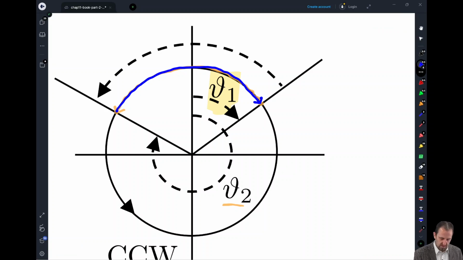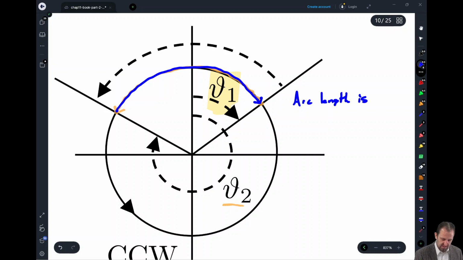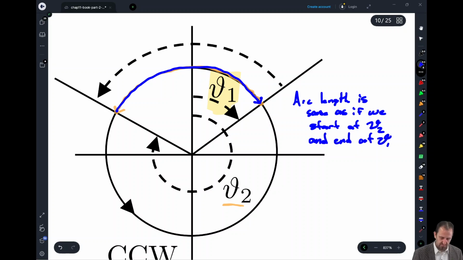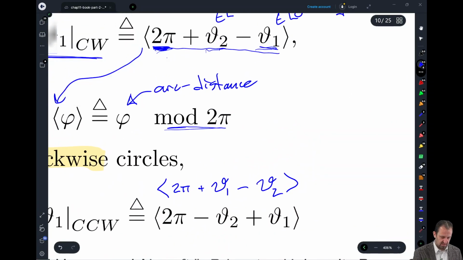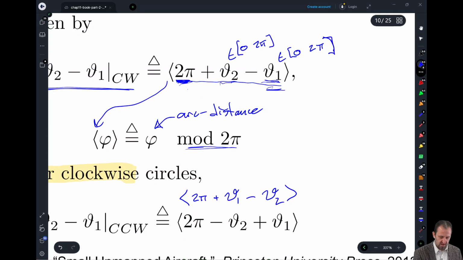Okay, the arc length is the same as if we start at theta 2 and end at theta 1. So that's how we're going to write it up. Notice the difference here: in the clockwise, we started at theta 1, went to theta 2, so we do theta 2 minus theta 1. And in this case, we start at theta 2.